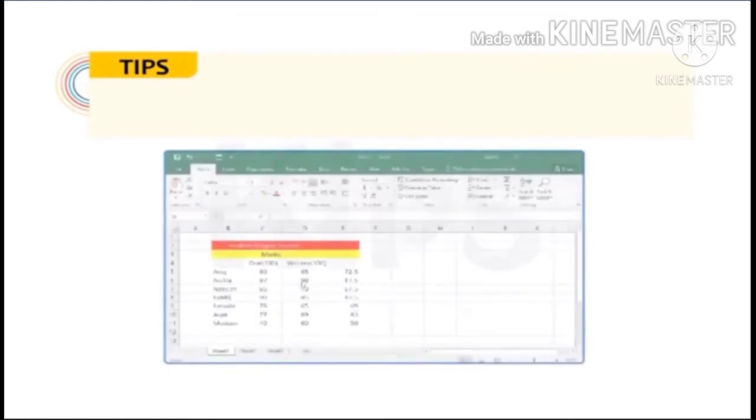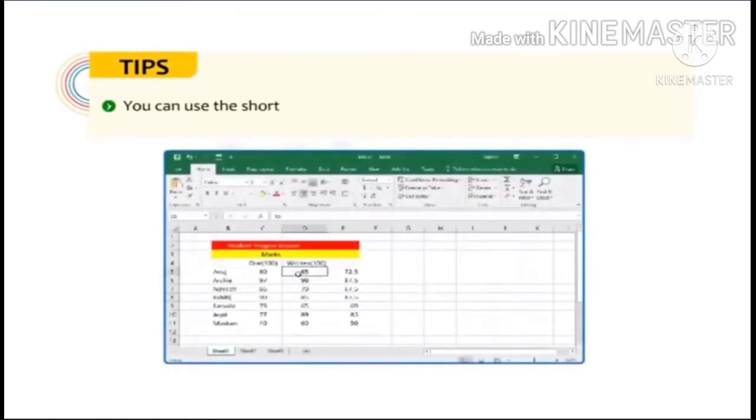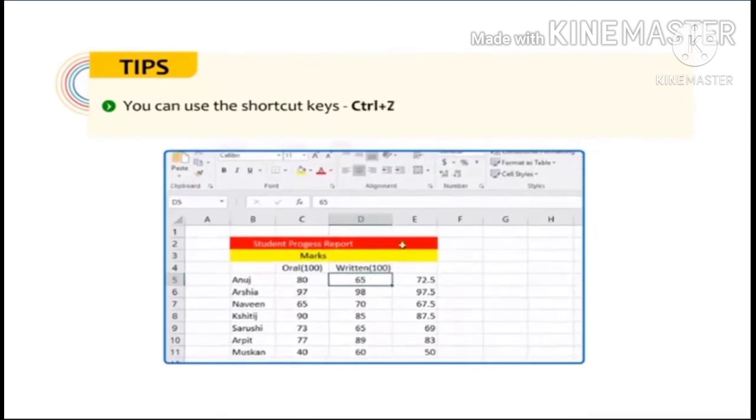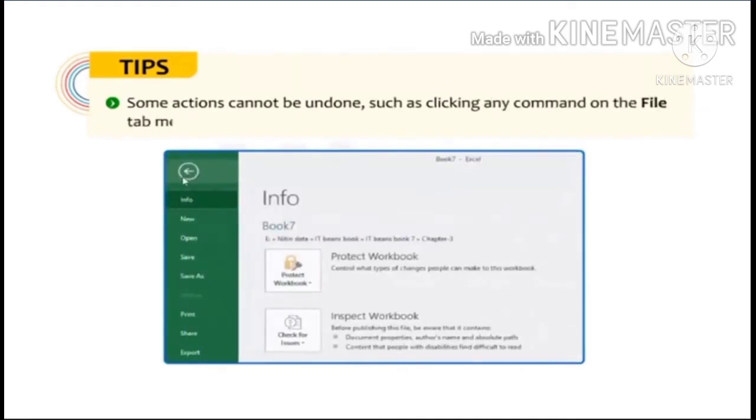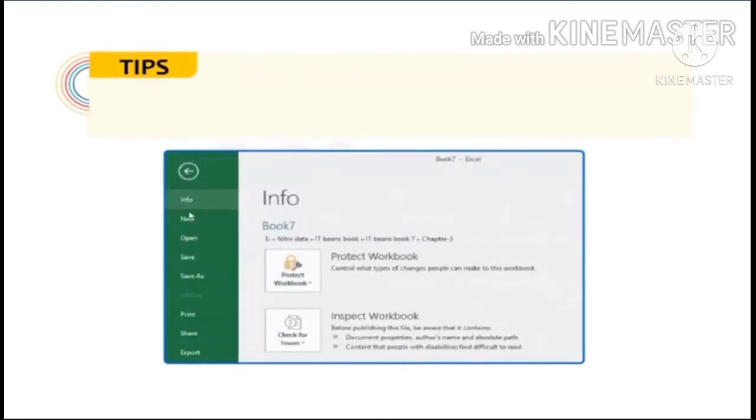Dear students, there are some tips for you, and you can use the shortcut keys Ctrl plus Z for undo and Ctrl plus Y for redo action. Some actions cannot be undone, such as clicking any command on the File tab menu.